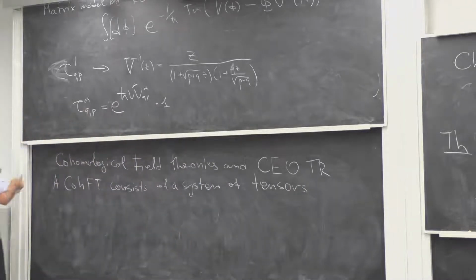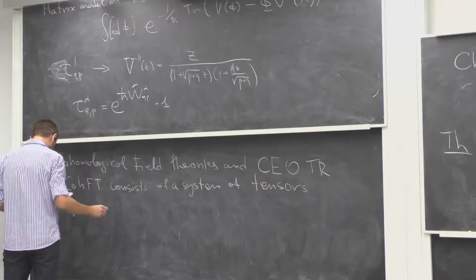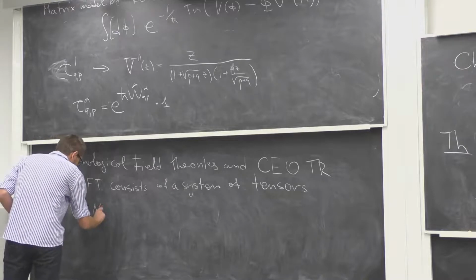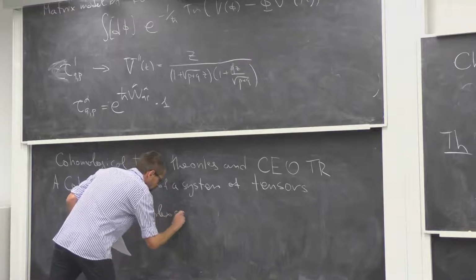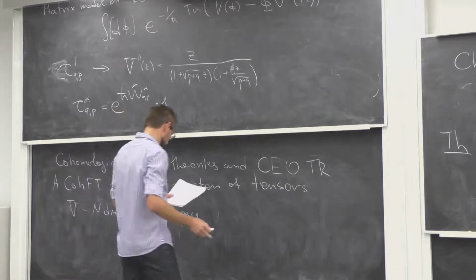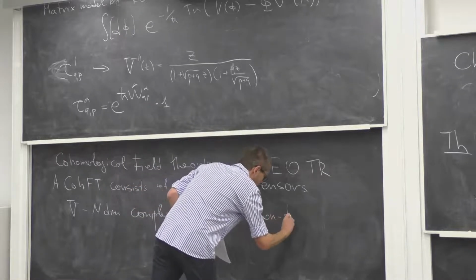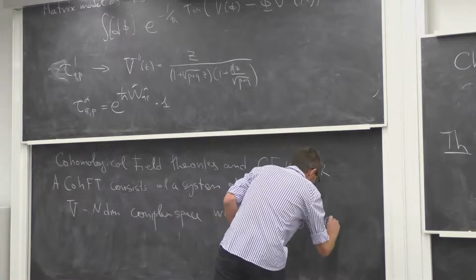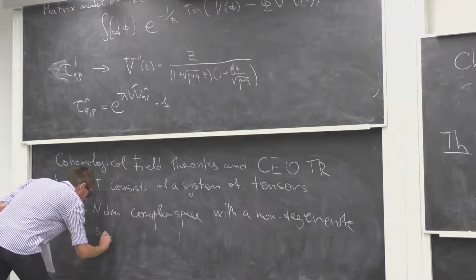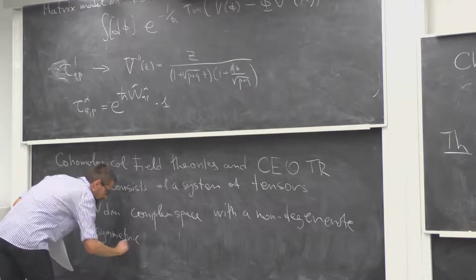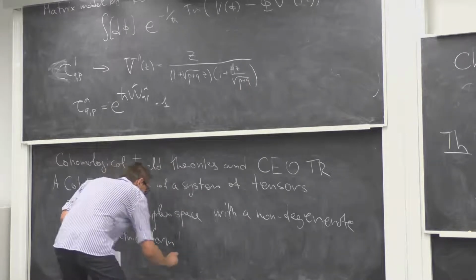We have some auxiliary complex space V, n-dimensional, with a non-degenerate symmetric two-form, a metric eta.